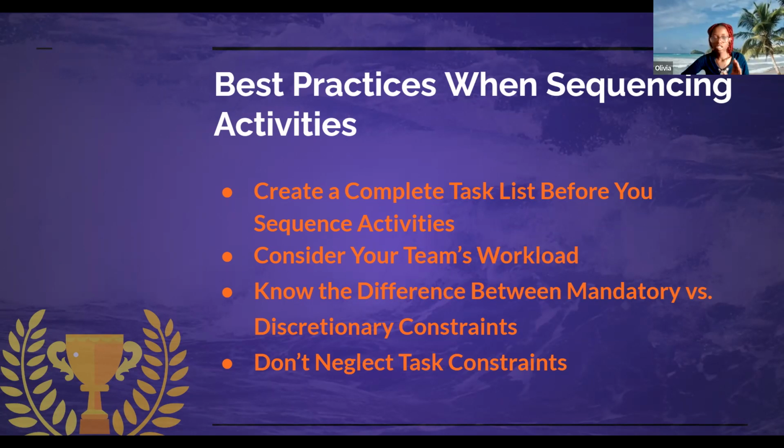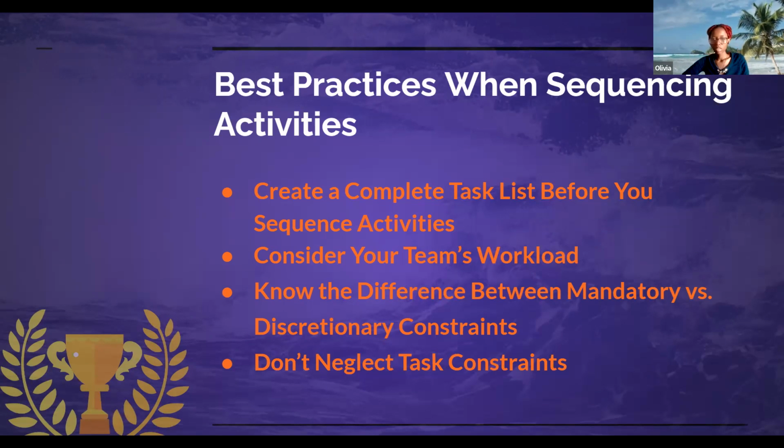And the last is for you not to neglect task constraints. From what I've been saying so far, you can imagine that neglecting task constraints is one of the most detrimental mistakes you can make when you're sequencing activities. That's because if you ignore things that would affect your project and you don't find a way to make those things not be an issue, they tend to become an issue in the future.